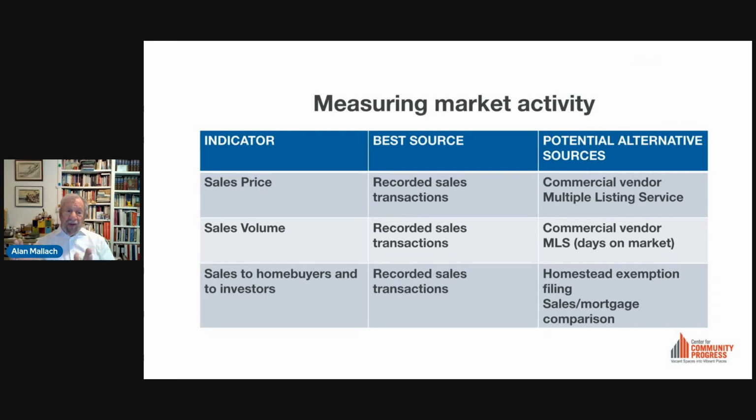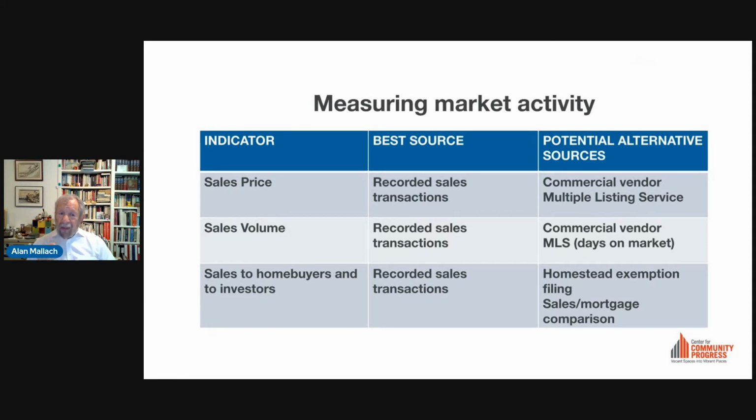But multiple listing service data, which means properties that are bought and sold through realtors, tends to have an upward bias, meaning it's data that tends to be more skewed towards the more expensive houses, because a lot of very low value houses go through informal transactions that don't involve realtors. You can also buy data from recorded sales transactions from companies like Atom and CoreLogic. And depending on your budget, the prices are not outrageous, so it's possible.